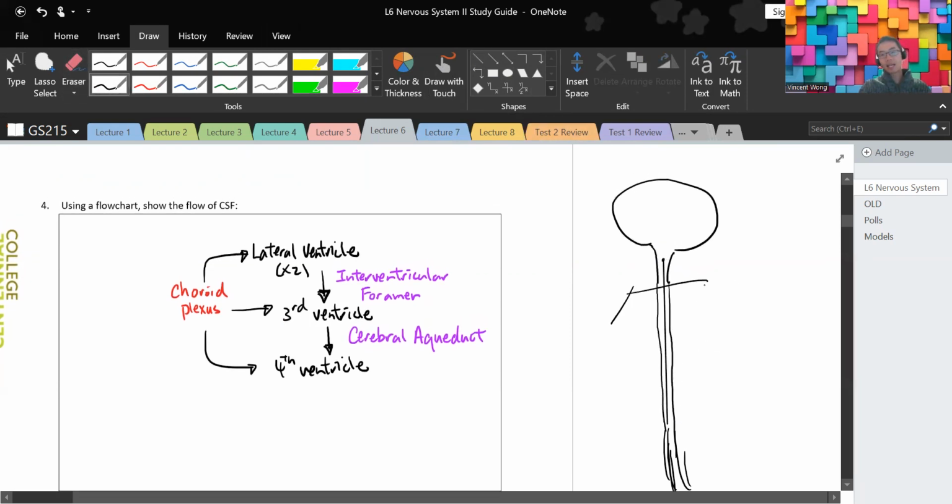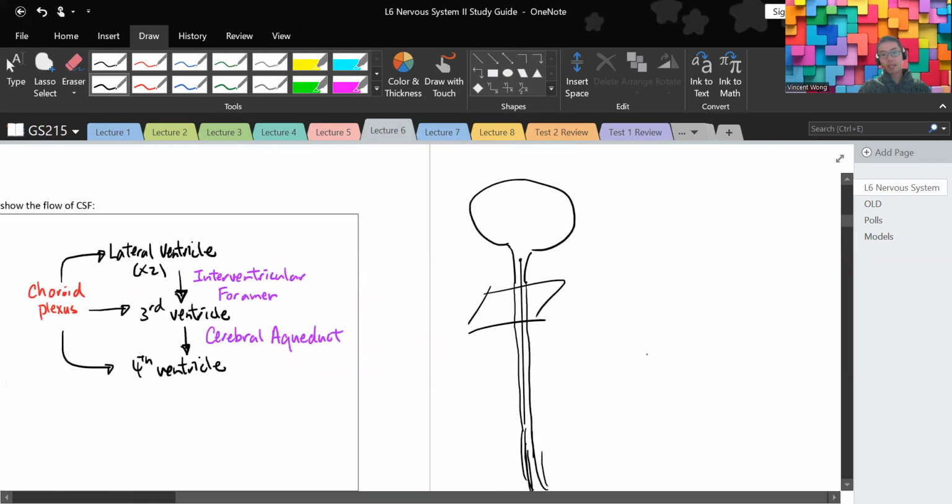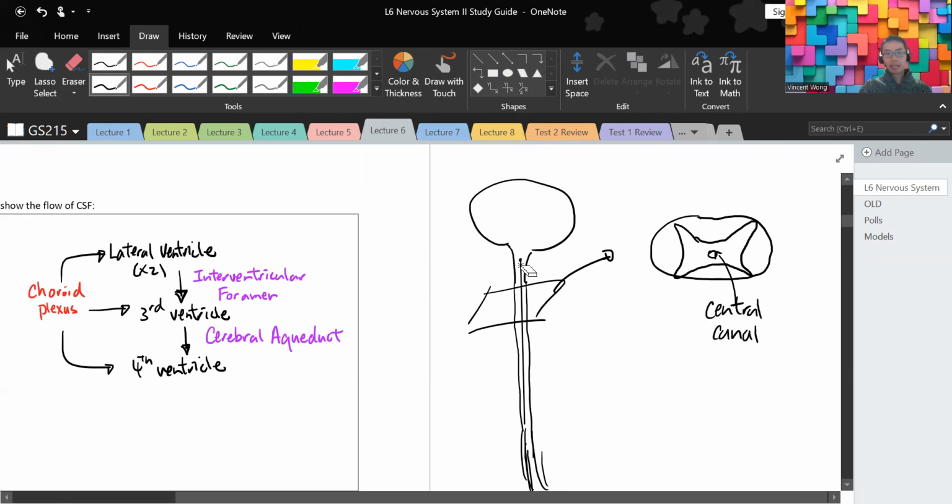If I take a slice of the spinal cord right here, it's going to look something like this. There's the spinal cord, and then there's a butterfly shape in the middle, and at the center of it all, there is a tiny hole. That hole is called the central canal. It runs the entire length of the spinal cord until it gets to the bottom. Can you visualize this? There's a tiny hole in the middle.